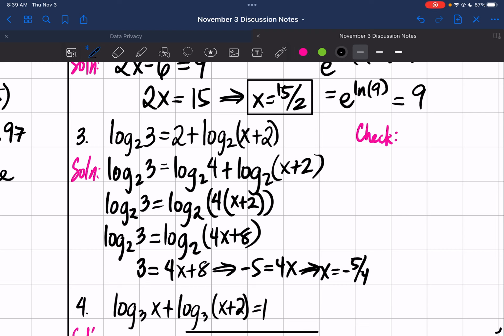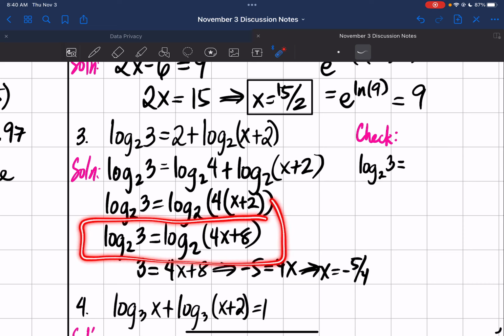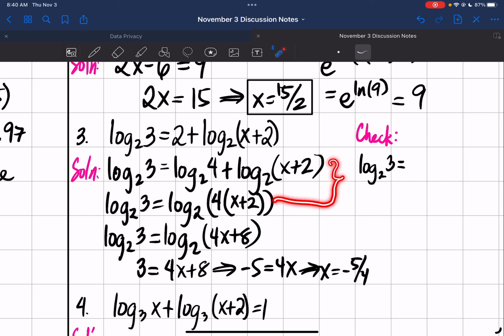So, we have here log of 3 base 2 equals... So, I'll check it here, class, in this part. Since what we did here, class, is rewriting this one as a single logarithm.